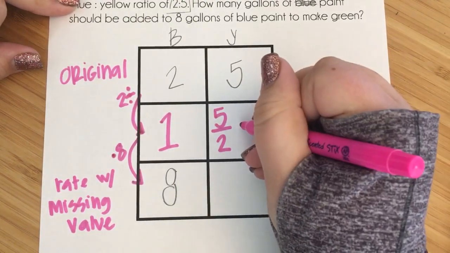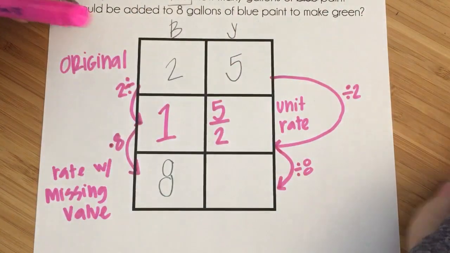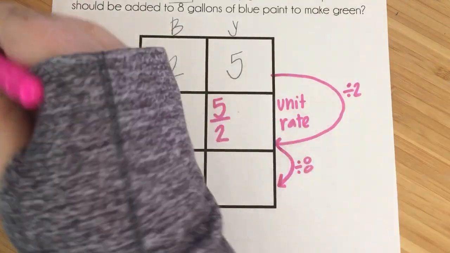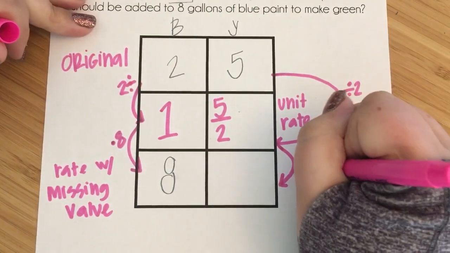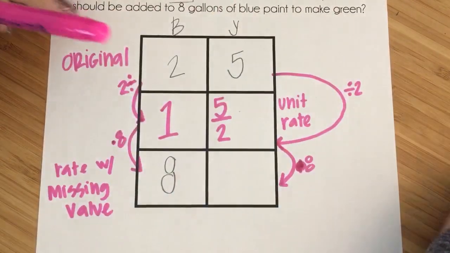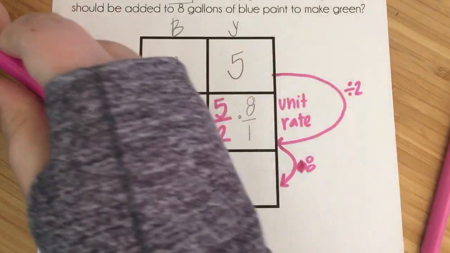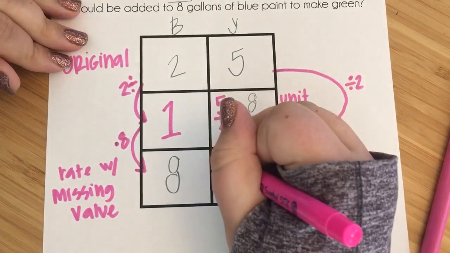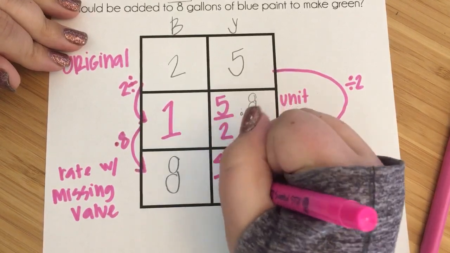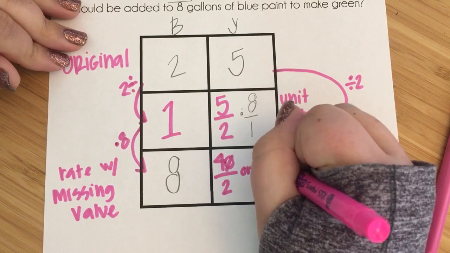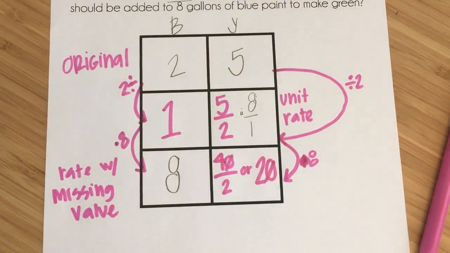I could leave it that way, but I know 40 over 2 would be like saying 20, right? I mean, that would be my number. With these, always write out your thinking. Do not be afraid to go back and fix things. So I get 40 over 2, which is equal to 20. That's my final answer. You can do this. Follow along with me.